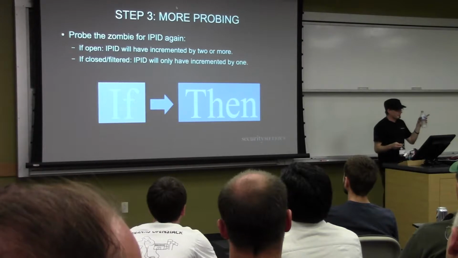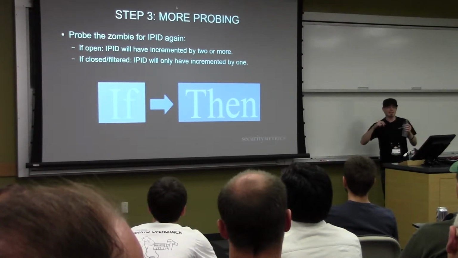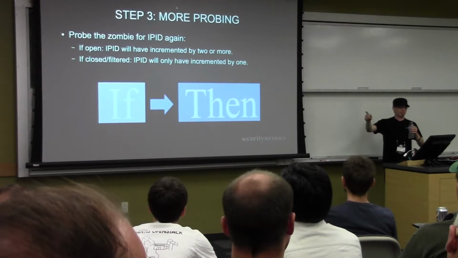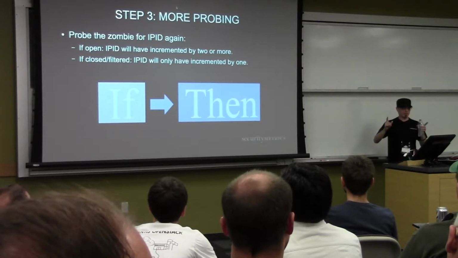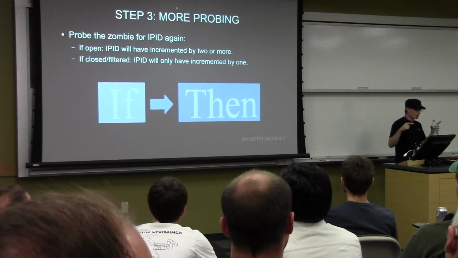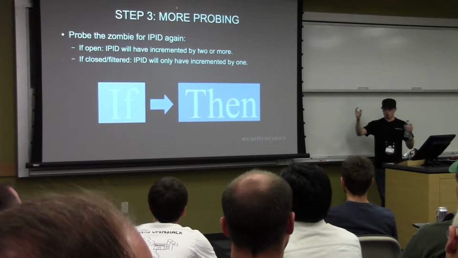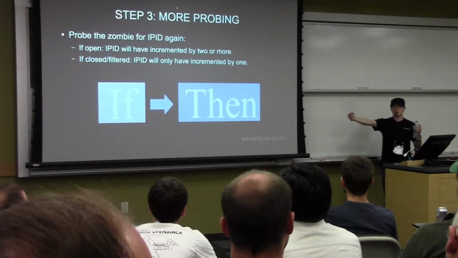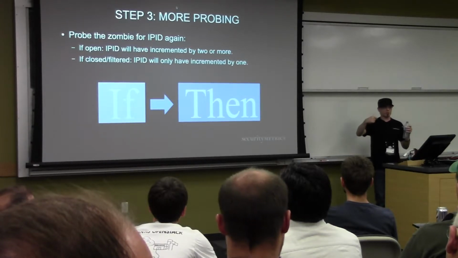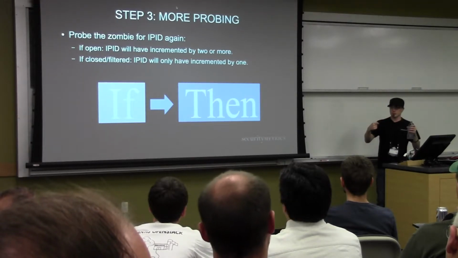If the IP ID has incremented by 2 or more, that means it has sent a response out to something else that wasn't you in between the time that you probed the first time and now. Most likely that's going to be a reset packet to your target, because your target responds back to the zombie host thinking that's where it originated from, because that's where we told it it originated from.